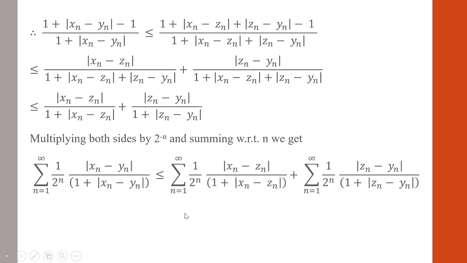We get this value. But by the definition of d, this is nothing but d of xy. This is d of xz, and this is d of zy, and therefore d satisfies the triangle inequality. So therefore d is a metric. Now this metric space is known as Frechet space.